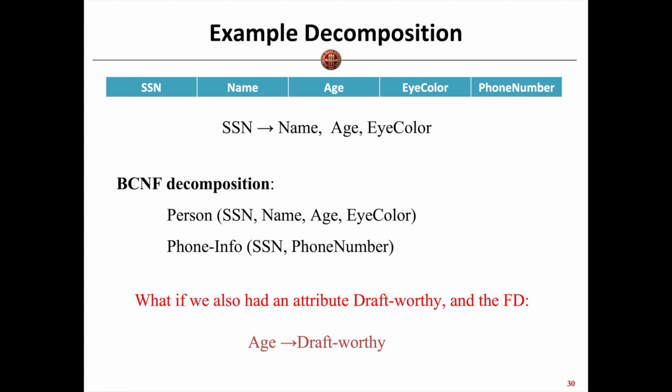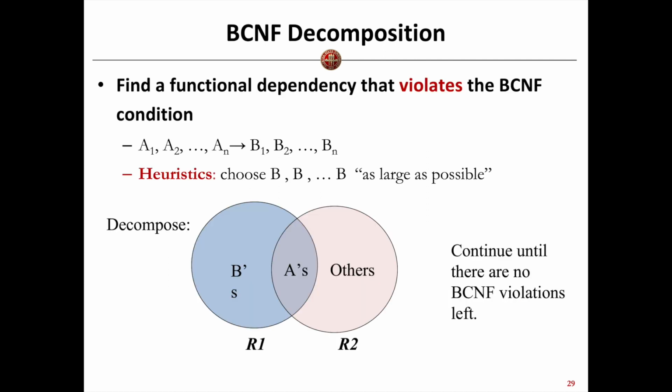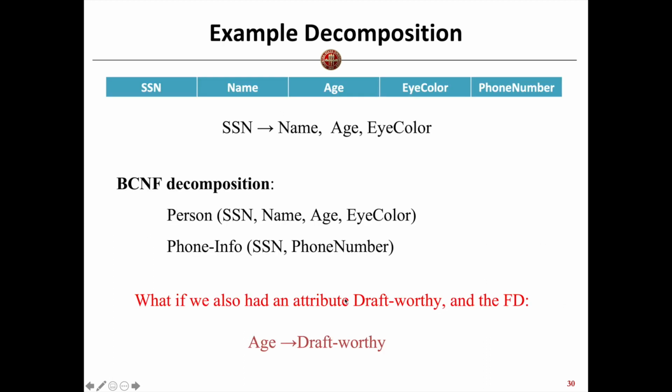So we have to decompose this relation into smaller relations instead. According to the previous page, we will decompose this relation into two relations, R1 and R2. R1 includes A and B, R2 includes A's and others. According to this rule, the first one includes the SSN, name, age, and eye color. We define this relation as person, right?